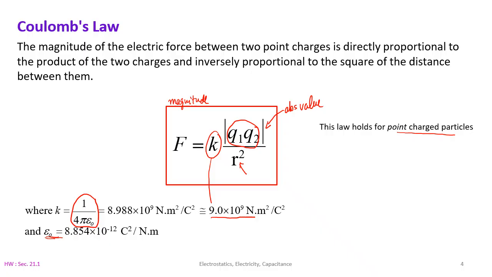What if we want to find more than the magnitude? What if we want to find the actual vector? So we want direction as well. Well, as we saw before in the diagram of the two charges, there are two forces. So we're going to have to specify, first of all, which force we want to talk about. Let's say there's charge 1, and we have here charge 2.